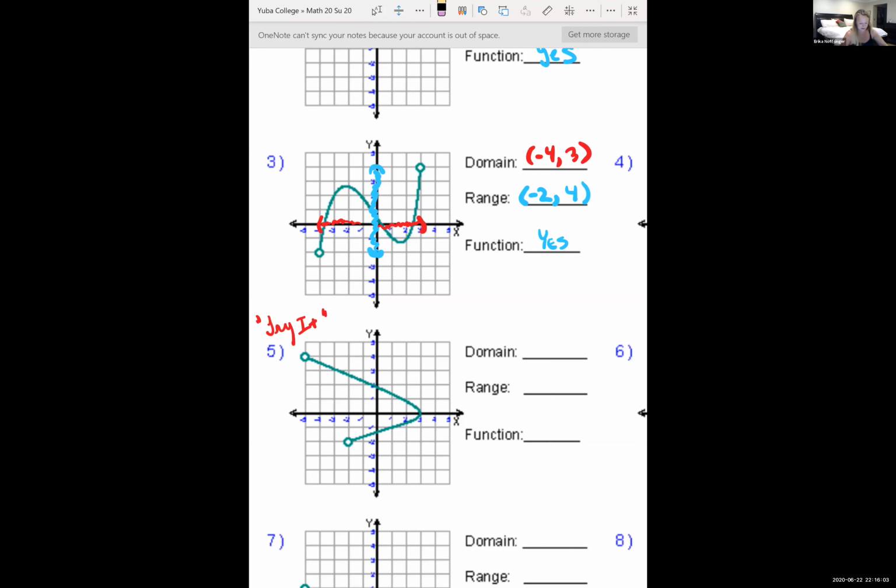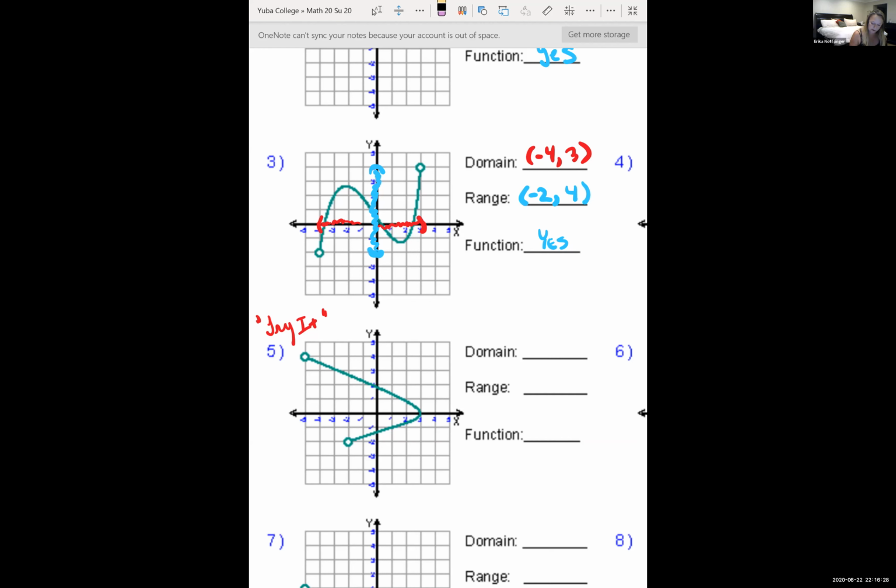Okay, you just had a chance to look at this and try it, and I got some feedback that most of you are hopefully understanding this. Domain are the x values. I look at my x, the horizontal axis, and ask: does this graph extend on forever, or is there a solid or open point?